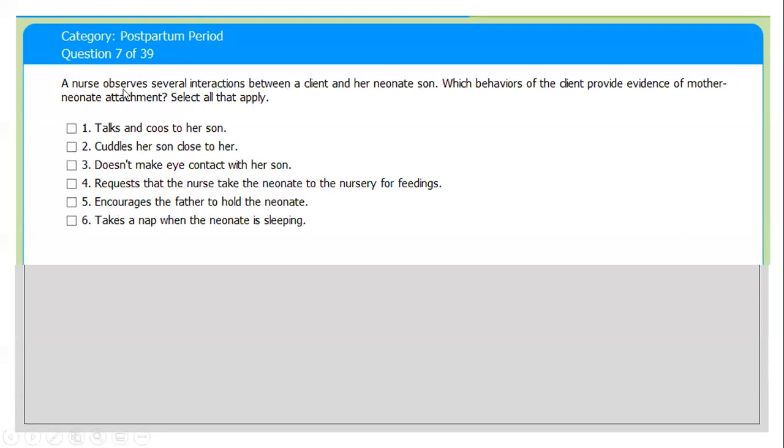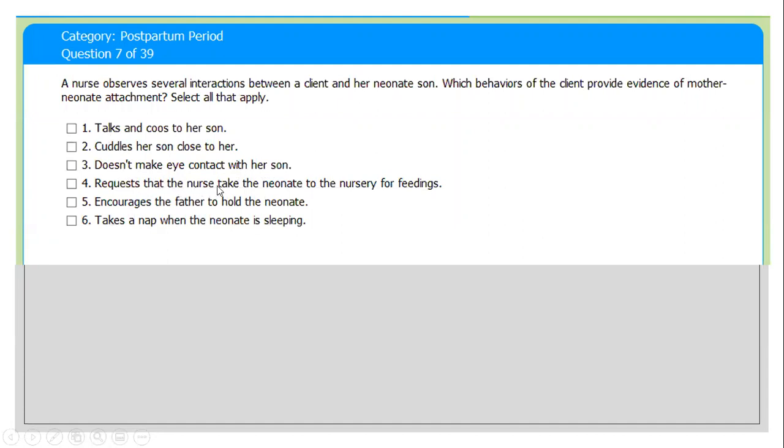Next question here. A nurse observes a positive interaction between a client and her neonate son. Which behavior of the client provides evidence of mother-neonate attachment? Select all that apply. Number one, talks and coos to her son, or cuddles her son close to her. Does not make eye contact with her son.